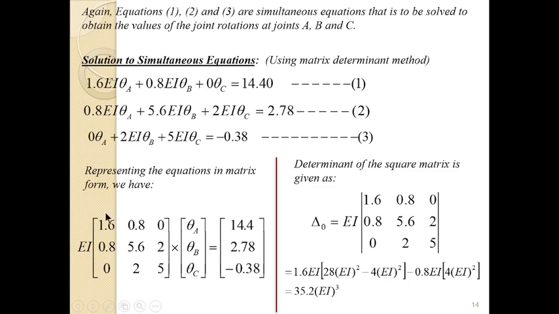So when we do that, we now represent this in a matrix form. All of them on this side have EI as their component. So you can factorize EI and now bring out the component. For this equation, the component at this point is 1.6, the component here is 0.8, the component at this point is 0.